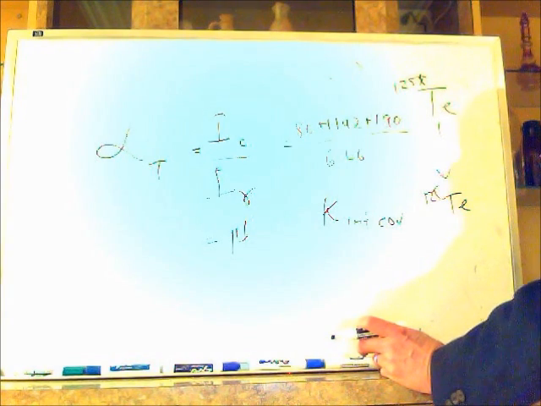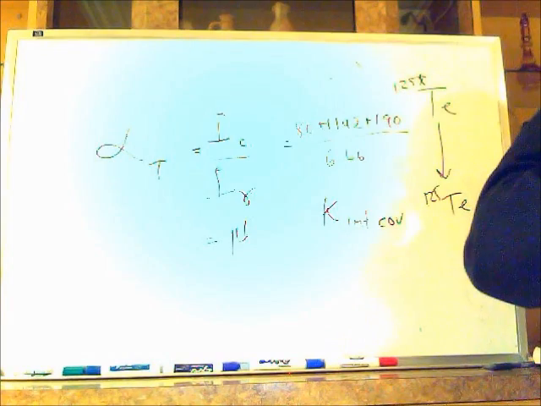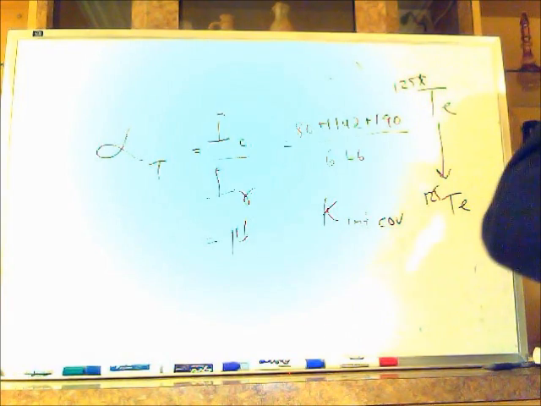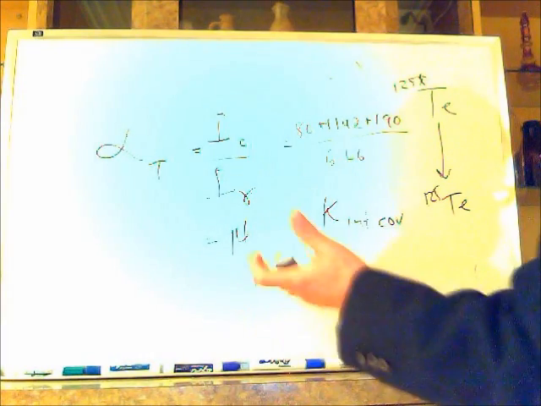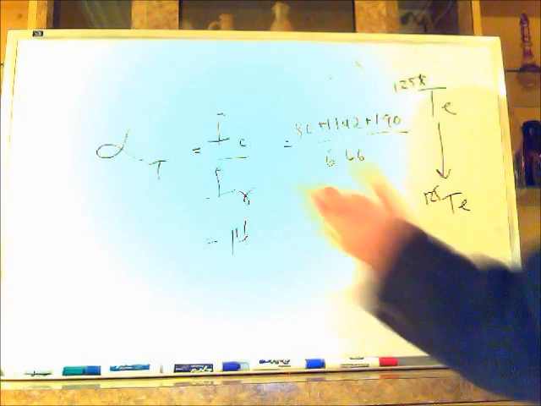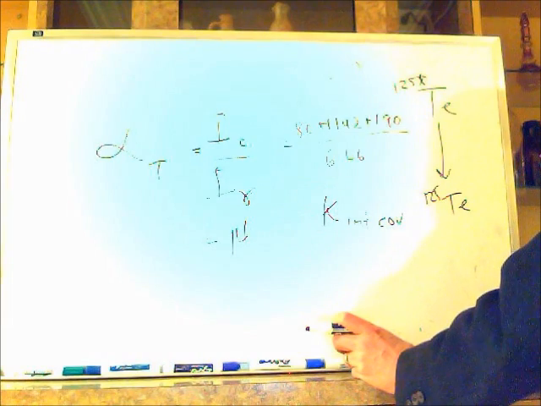The words following that, inter alia, I don't know why he's trying to impress you with his knowledge of Latin, but that just means among other things. So among other particles, any of these small kinds of particles could be ejected in cluster decay. This doesn't happen all that often, but it does occur.